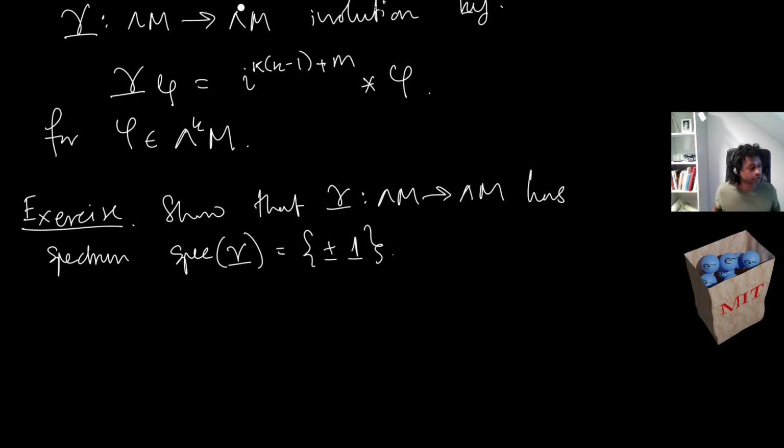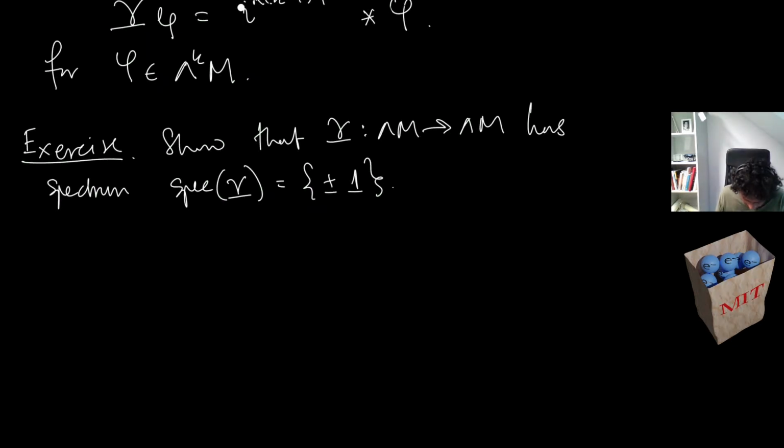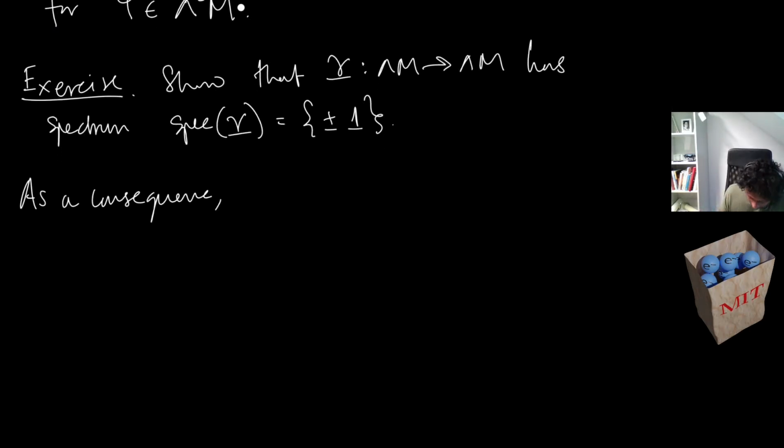Okay, so an involution has only plus or minus 1 as a spectrum. So as a consequence, we have now that the differential forms split via the spectrum of this involution, right?